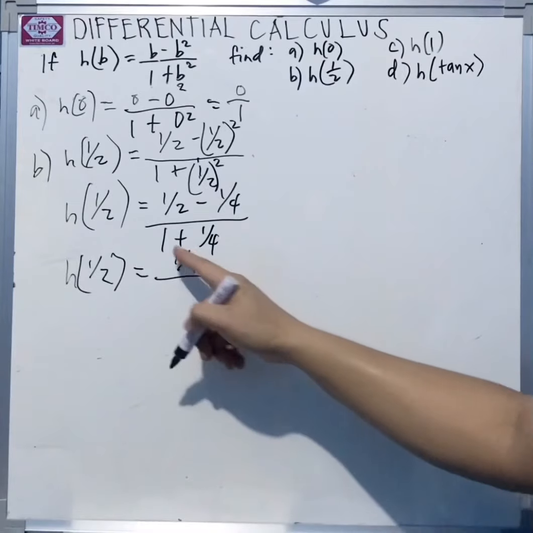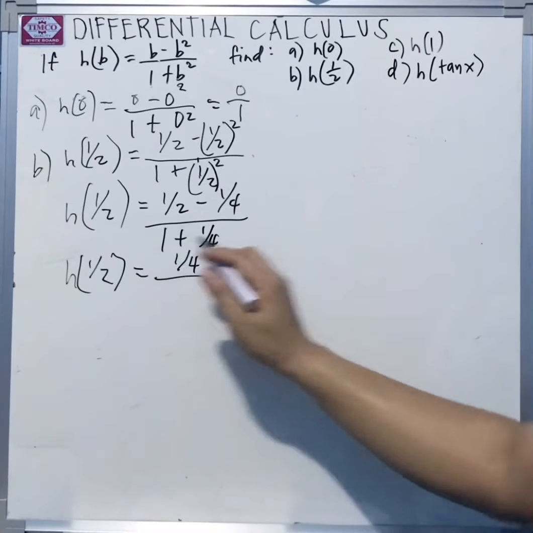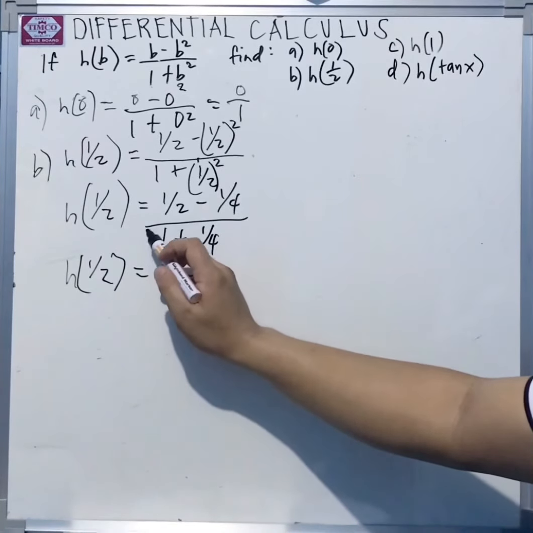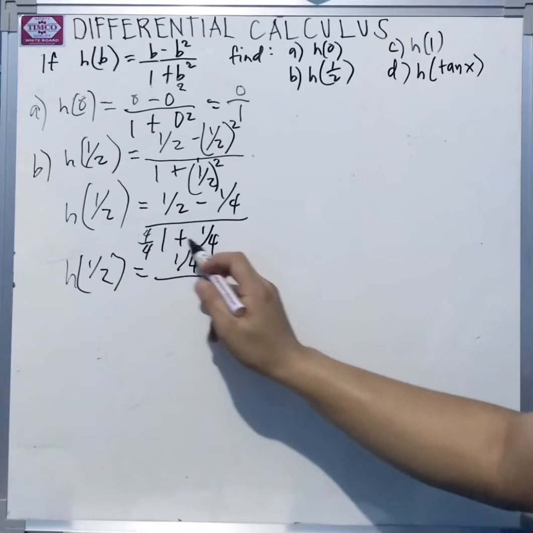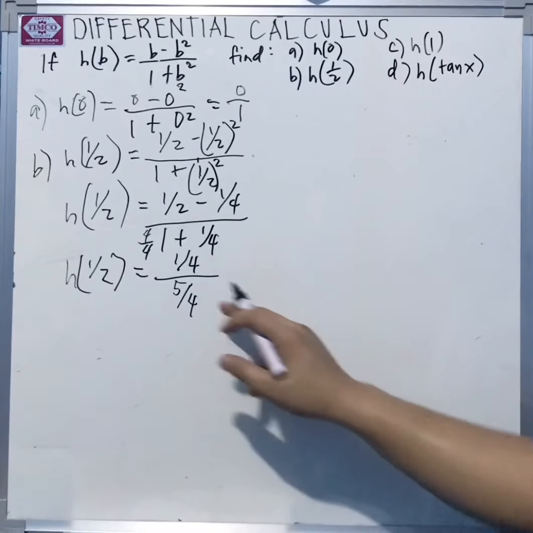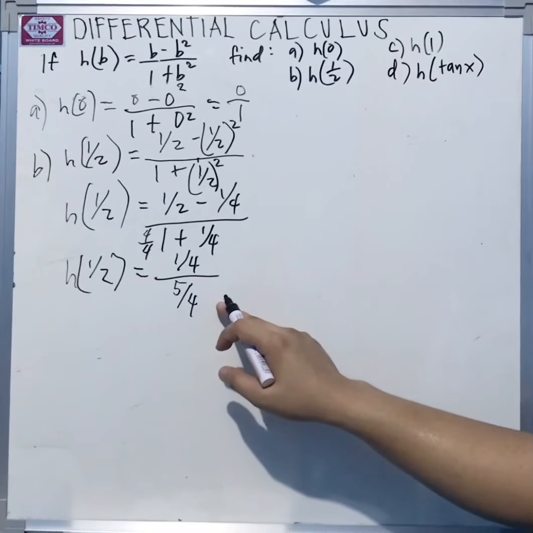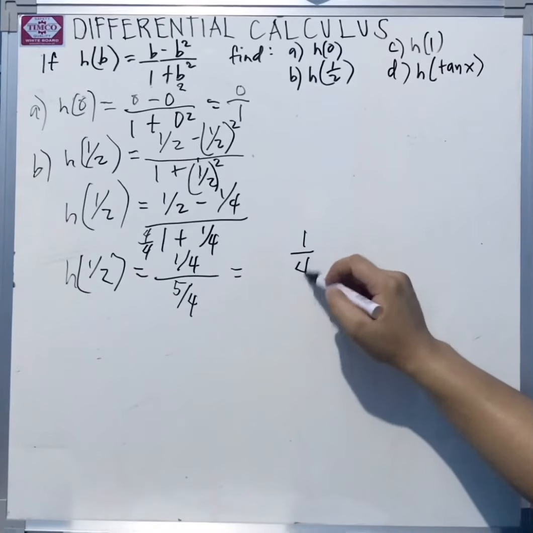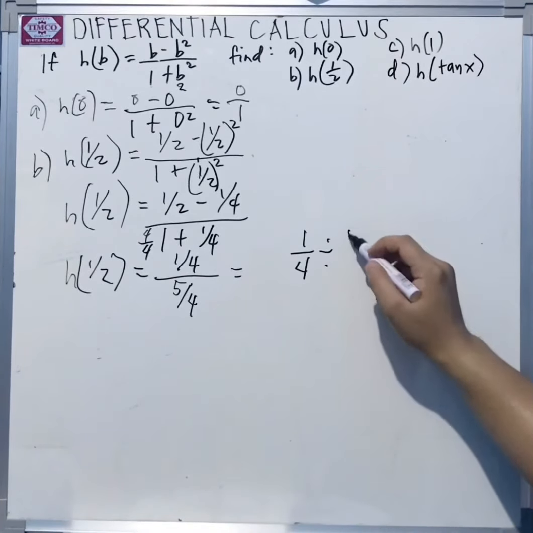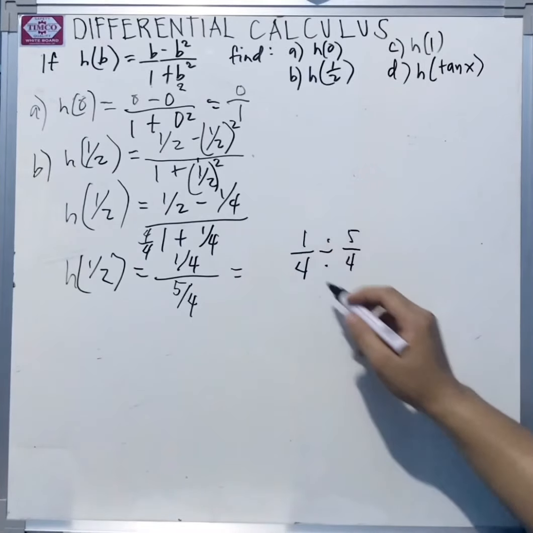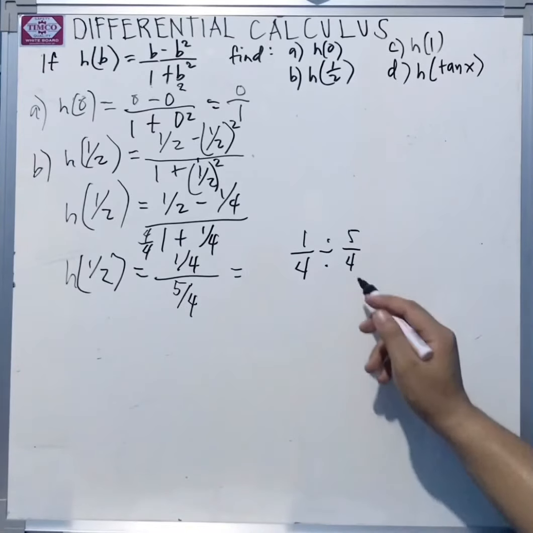So 1 plus 1/4, the 1 is equal din sa 4/4. So 4/4 plus 1/4 is 5/4. Pag nag-divide tayo ng fraction, 1/4 divided by 5/4, cross multiplication.